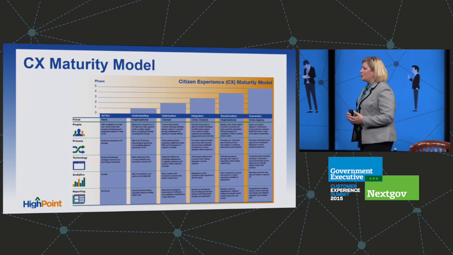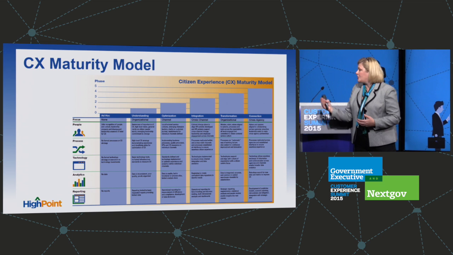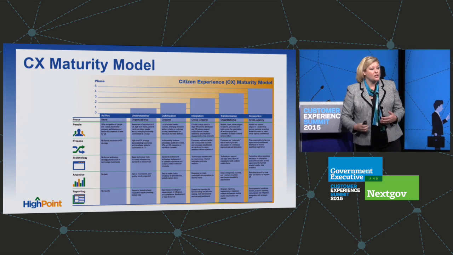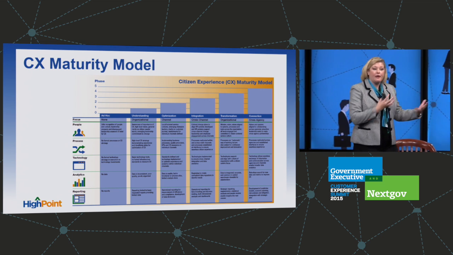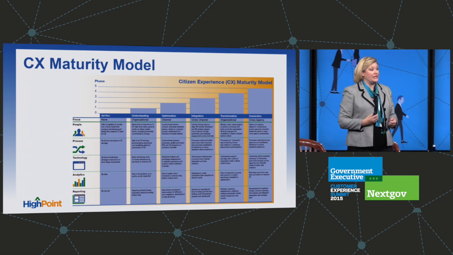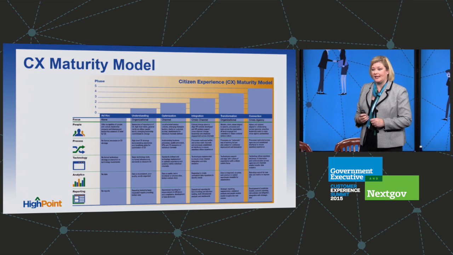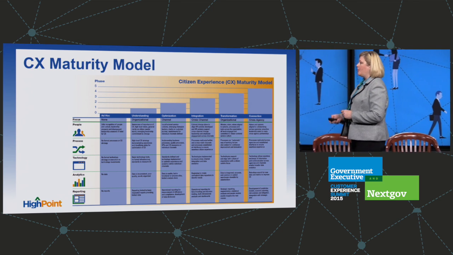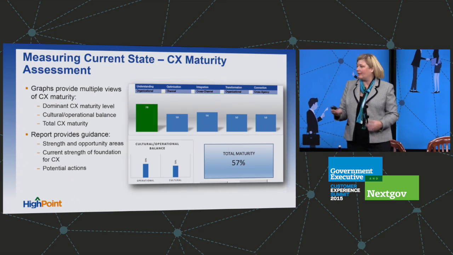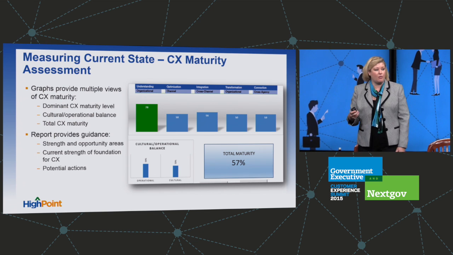And we look at this in terms of people, process, technology, analytics, and reporting. So every aspect of your business feeds into your ability to deliver and to measure the citizen experience. So we don't want to just hand you this maturity model. We want to help you assess where you are.